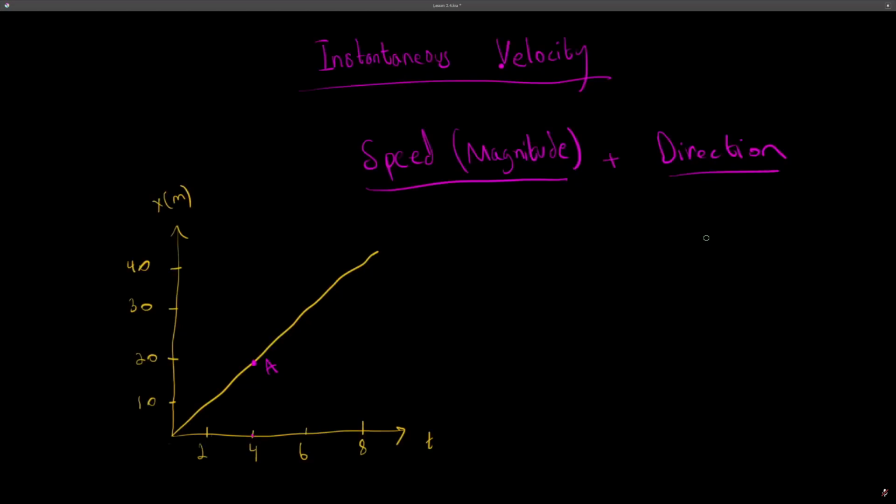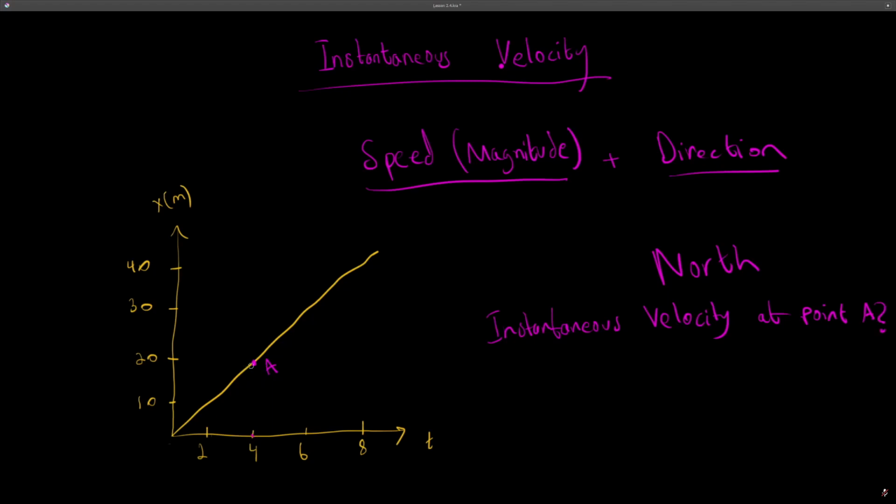So if I told you that object A is moving at a constant rate north, and I want to find the instantaneous velocity at point A?